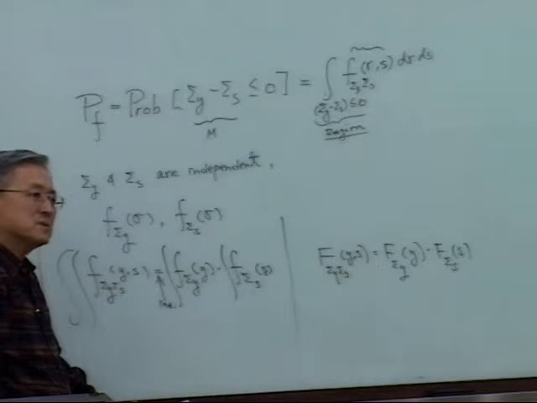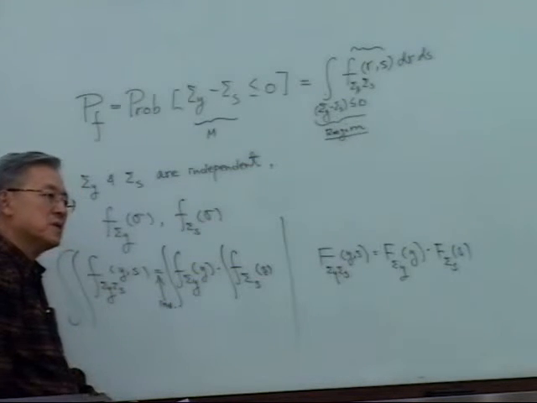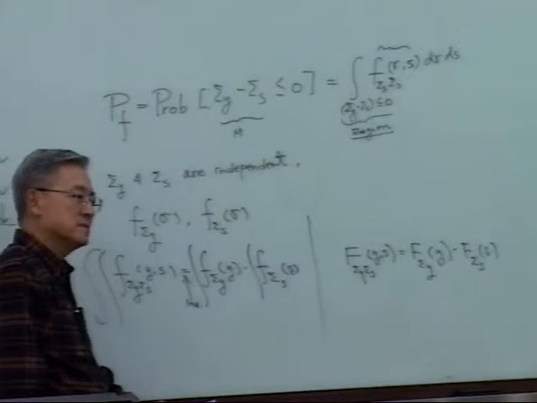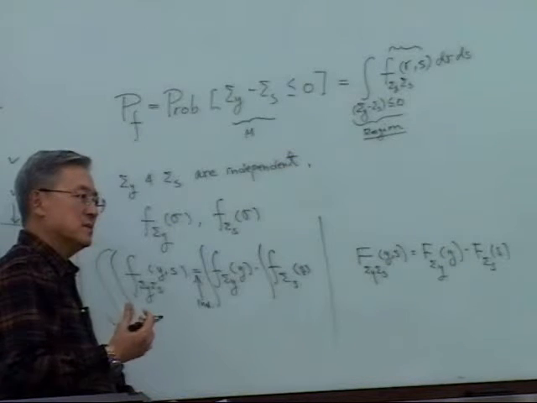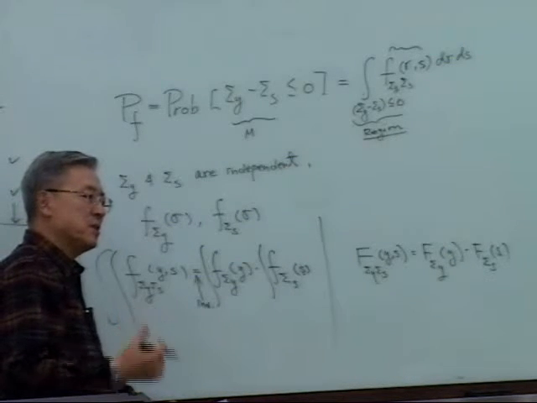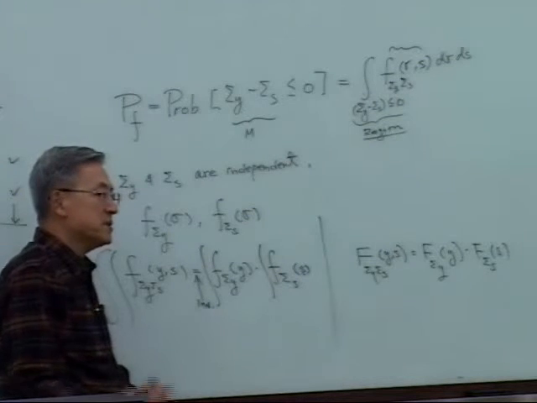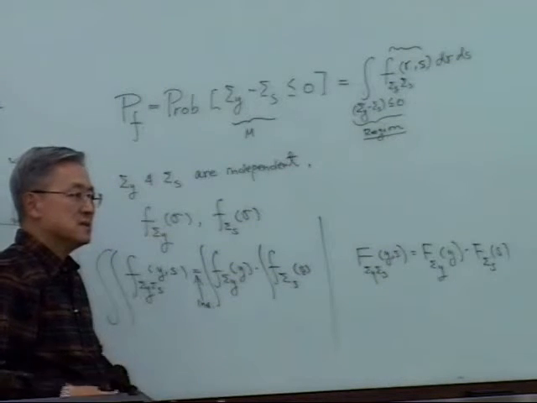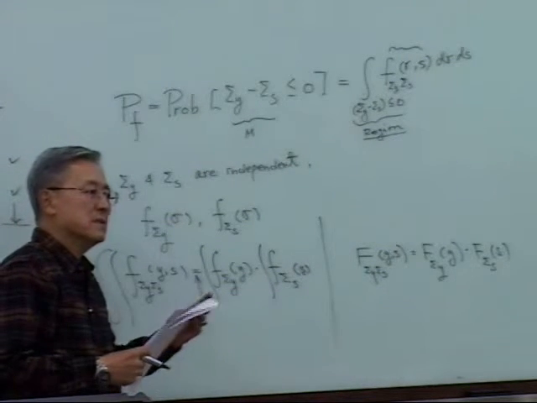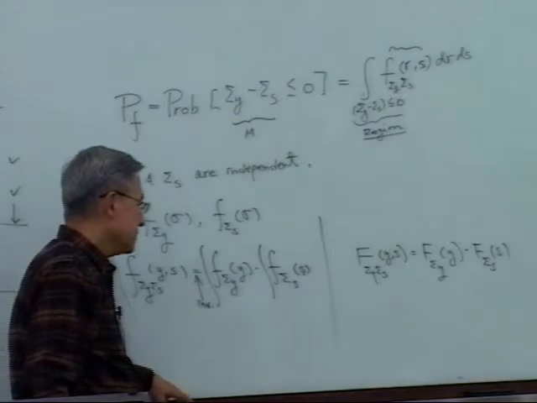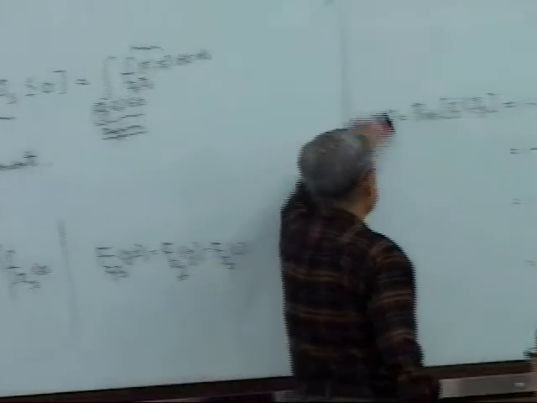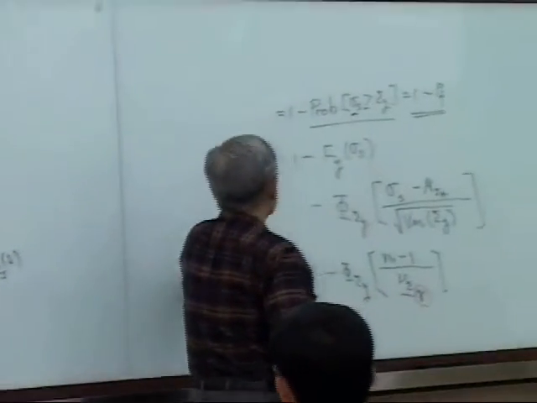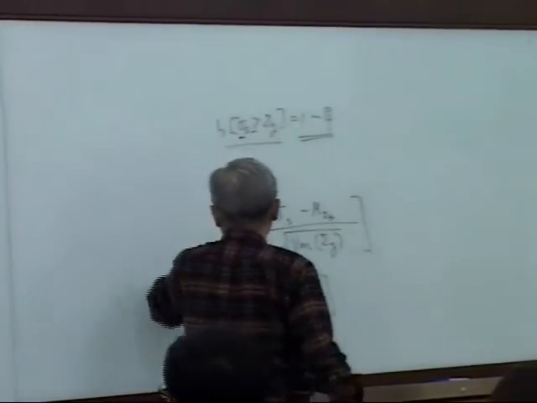But another reason is the degree of correlation is very difficult to represent by a numerical model. But I'm not saying it's impossible. No, it's possible, but you have to spend a lot of hours to develop the numerical model.